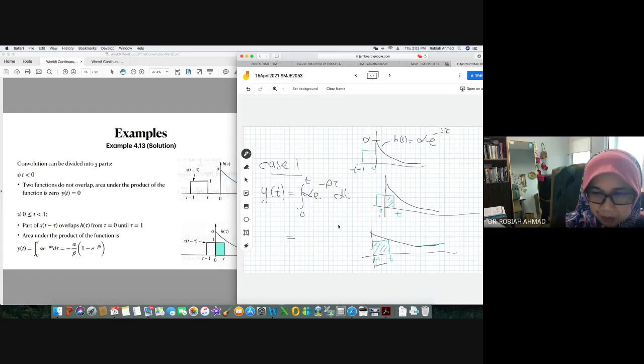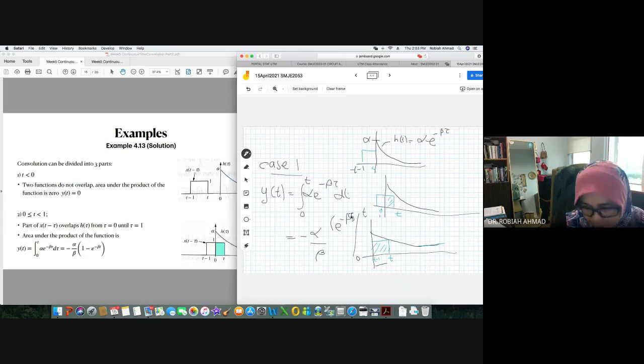So bawa ke bawah sini, so it will be minus beta, e minus beta, zero to t.